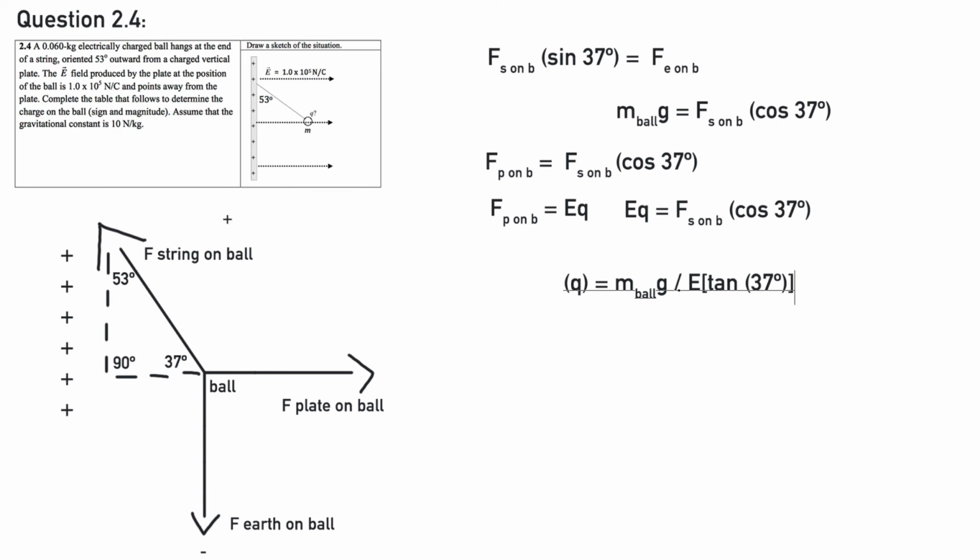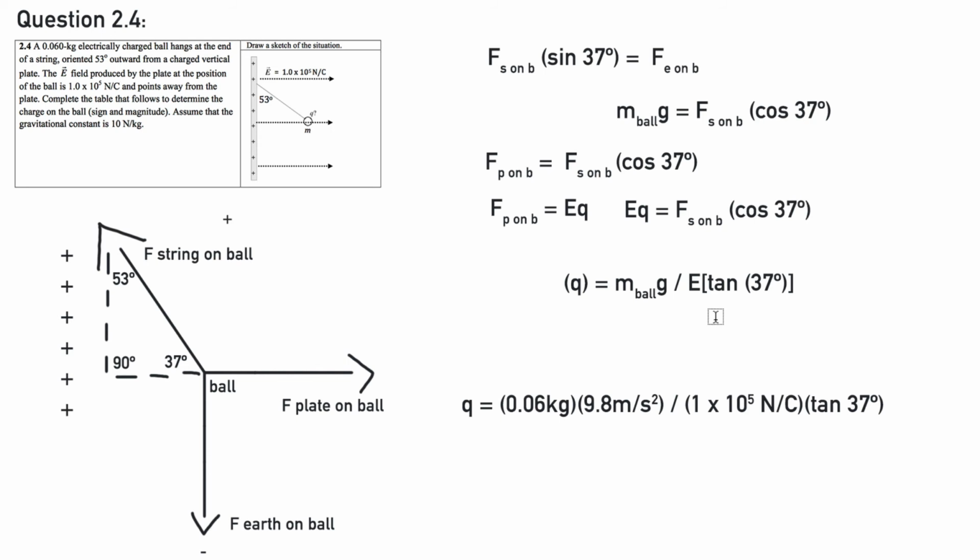Now all we need to do is plug in our values, because we've solved it qualitatively. So q equals mass of the ball, which is 0.06 kilograms, which we can see right here at the top, times 9.8 meters per second squared, because that's the acceleration of gravity, divided by E, which is 1.0 times 10 to the fifth newtons per coulomb, and then divided by tan 37 as well.